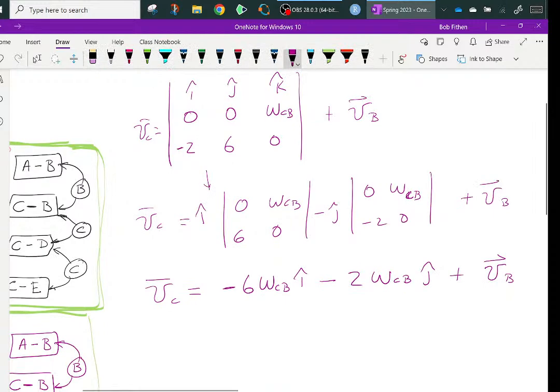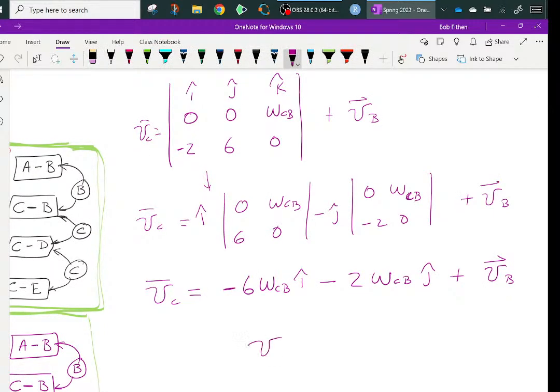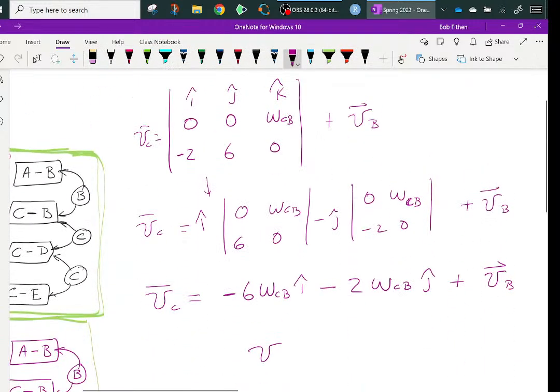I don't know why it does that. So the velocity of C relative to B is in fact perpendicular. If I dot it with the RCB, I'm going to get 0, which means that's a check for me.